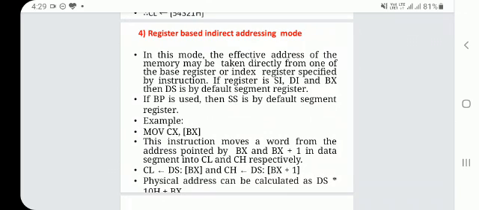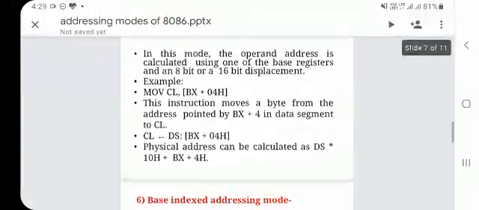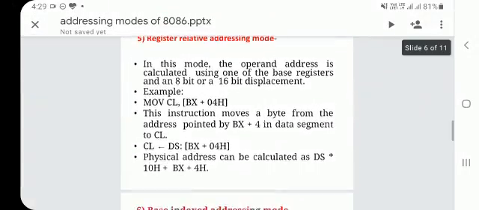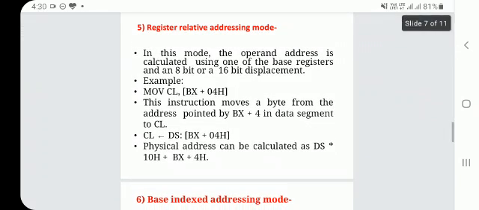Physical address can be calculated as DS times 10H plus BX. The next one is register relative addressing mode. In this mode, the operand address is calculated using one of the base registers and an 8-bit or 16-bit displacement. For example, MOV CL, [BX+04H].